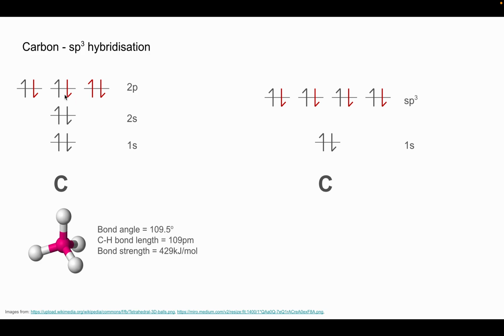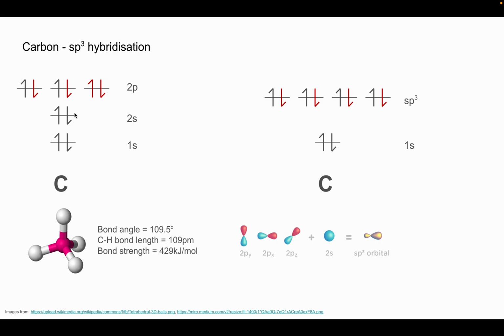And what we do is we get 4 orbitals coming out, and here they are. The idea is that they are 1 part character s and 3 parts character p, which is why the energy falls in between. You'll probably realize that the energy for the sp3 is slightly closer to the p orbitals than the s orbital.